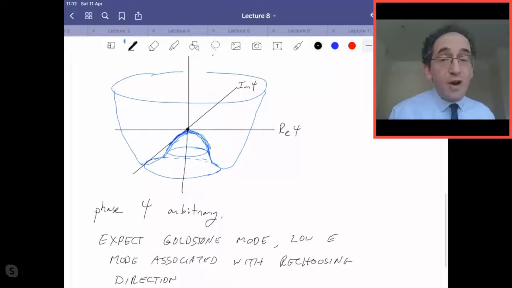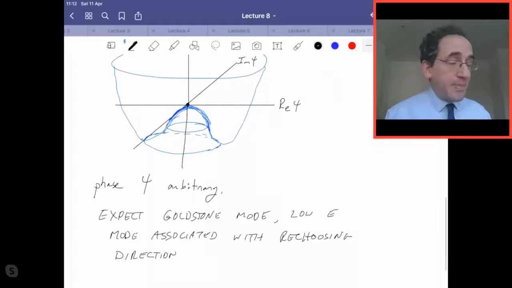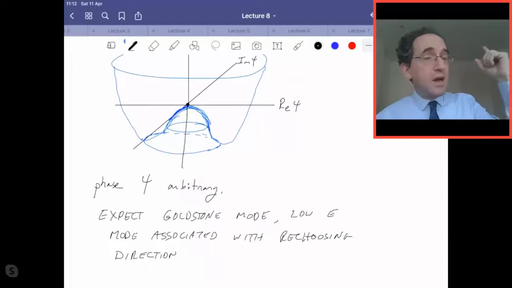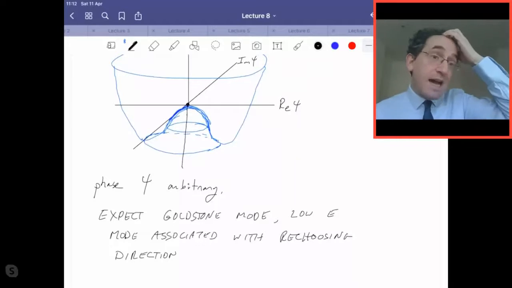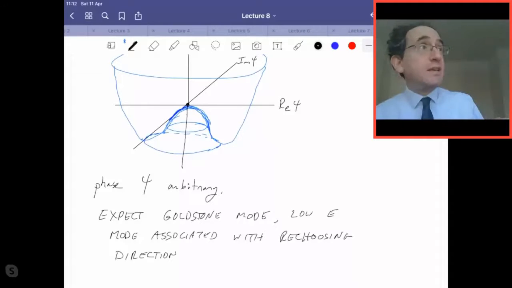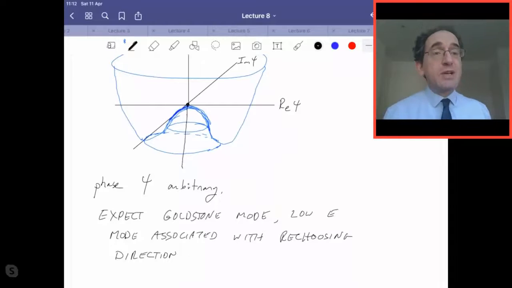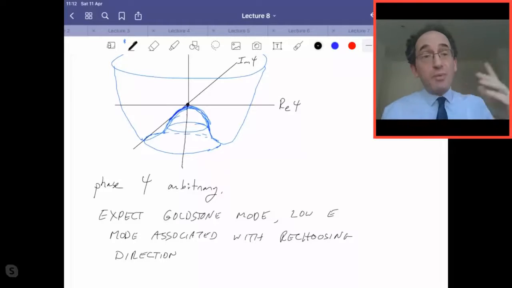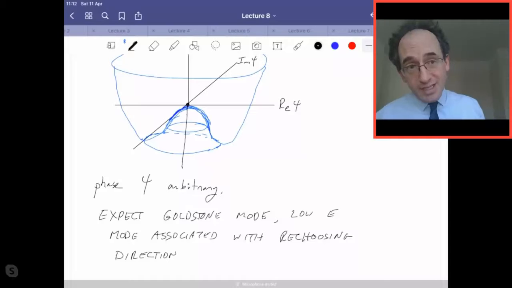So for a ferromagnet, for example, if you have a Heisenberg ferromagnet where the spins can point in any direction, when you go below the critical temperature, they all point in the same direction, but they have to choose a direction to point in.